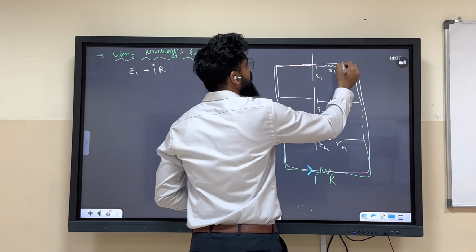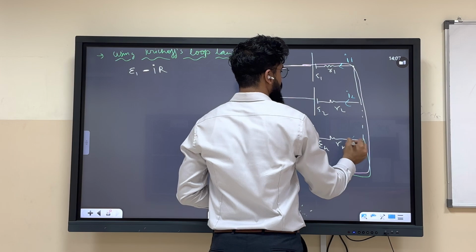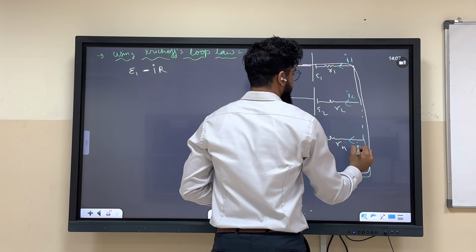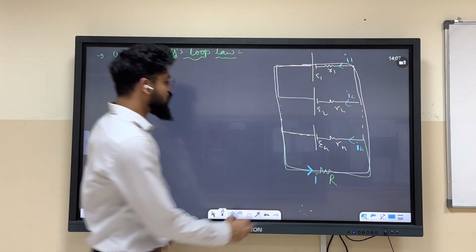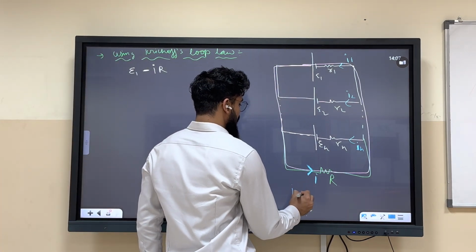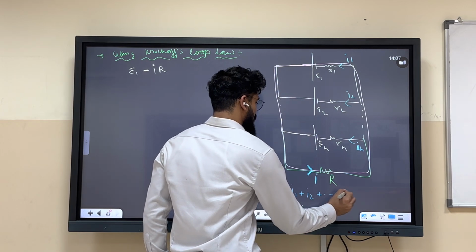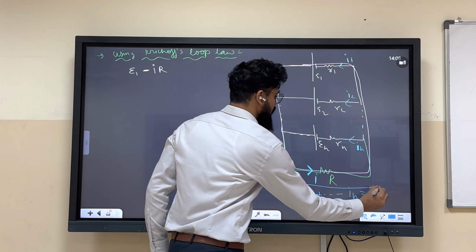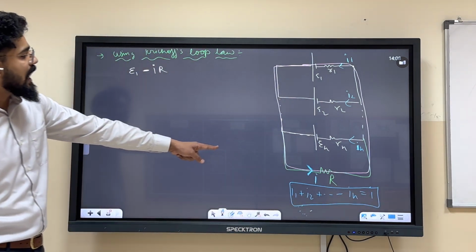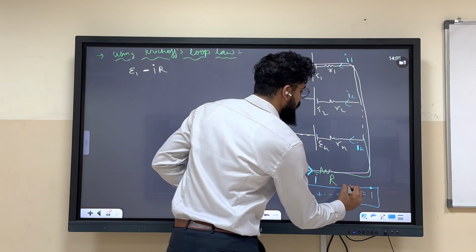Over here what current is flowing? I1, I2, up to In. But we all know the summation I1 plus I2 and so on till In should be I. So through the resistor capital R, what current is flowing? I, right?